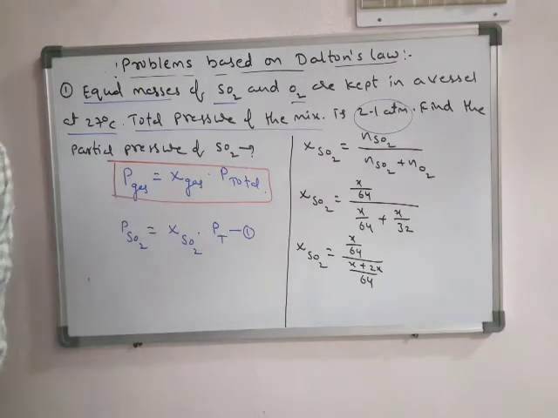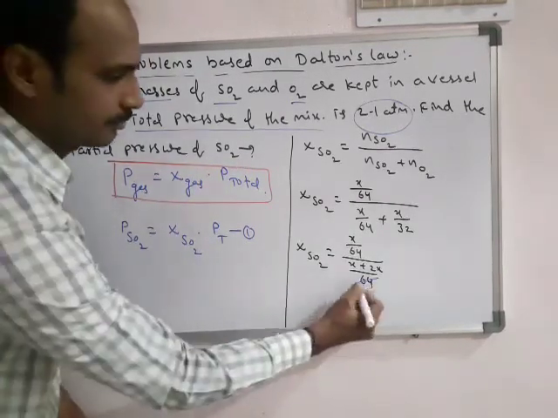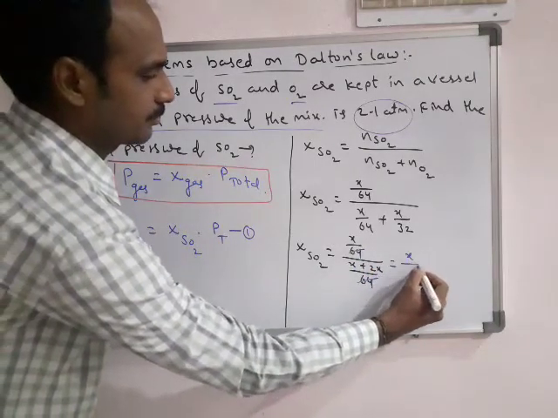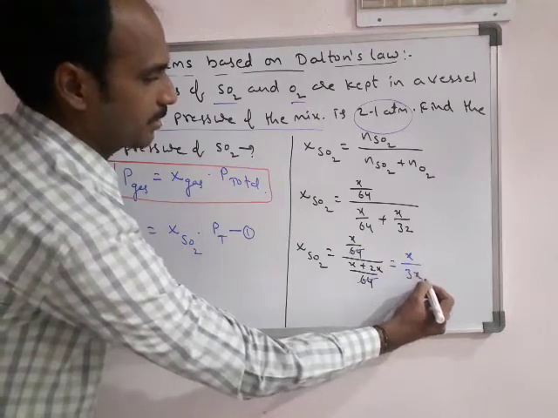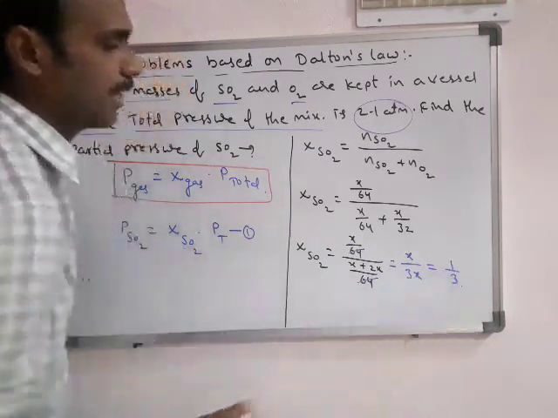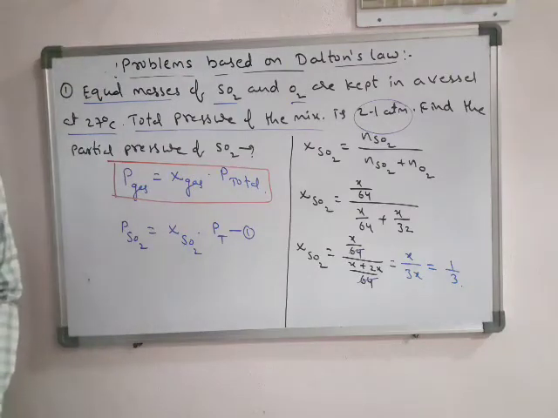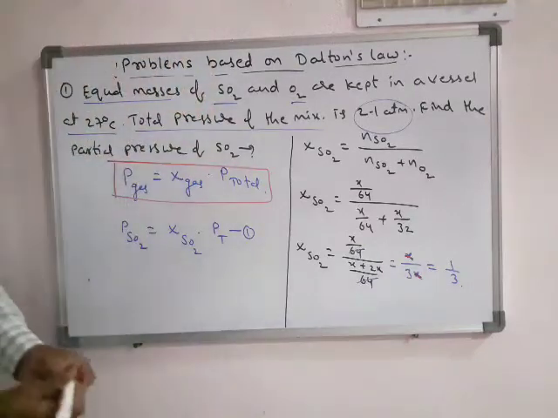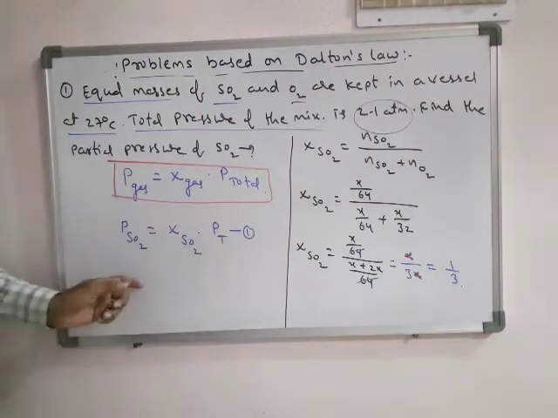On cancellation we will get X by 3X. That becomes 1 by 3. So there is no need to calculate that again, as X gets cancelled. Just substitute that 1 by 3 here.